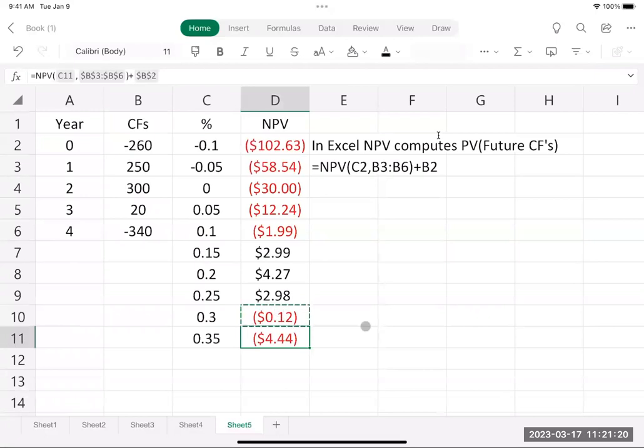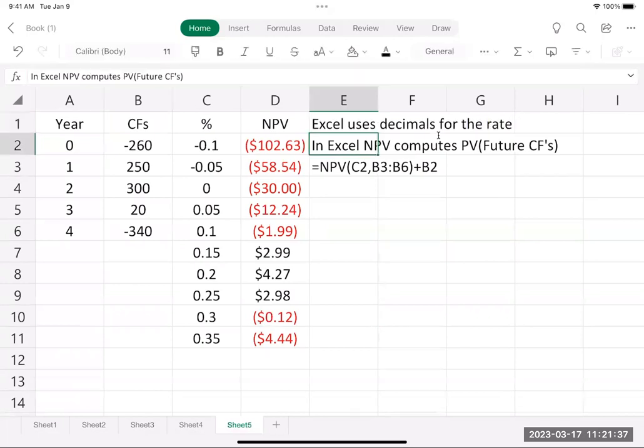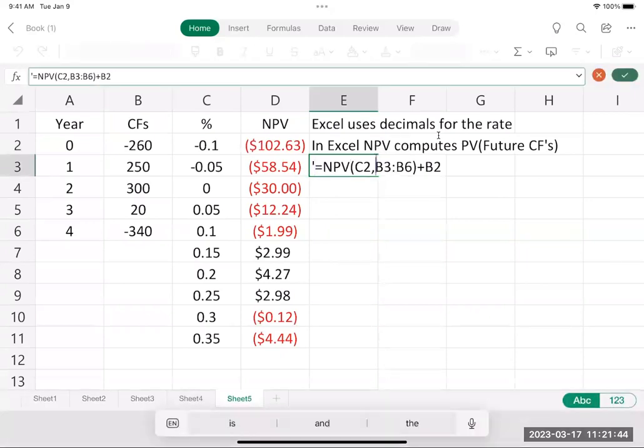Okay, so I've done this in Excel. The numbers look correct. In Excel, NPV computes that. Excel uses decimals for percentages. And just to clarify, I put dollar signs everywhere.